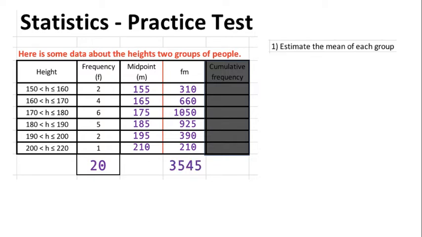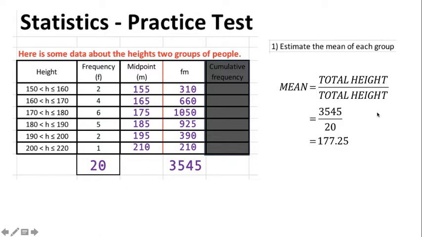If you stacked everybody on top of each other, there would be a total height of 3,545 centimeters. So that's the total height of 20 people. So the mean height is the total height divided by the total number of people.